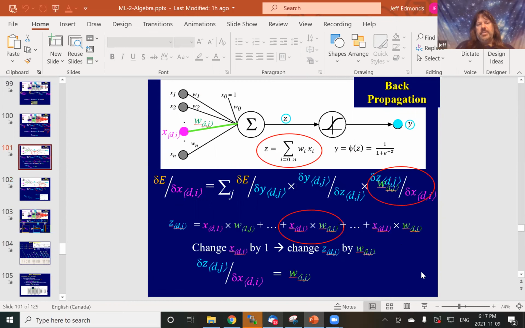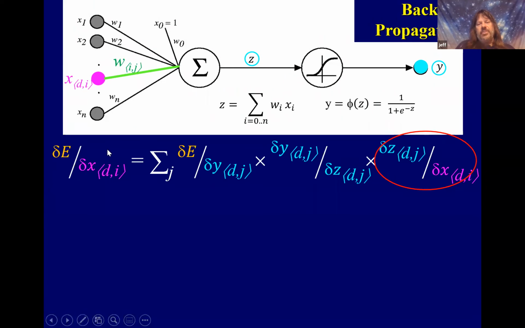Oh, well, because we have this equation here, but we need to compute all of these values. Before I compute this value, I assume I have this value by induction. And now I need to know these two values, right? This says, if I change X, how does it change the error? Well, this says, if I change X, how does Z change?